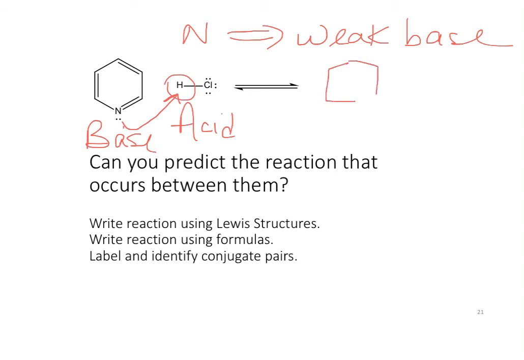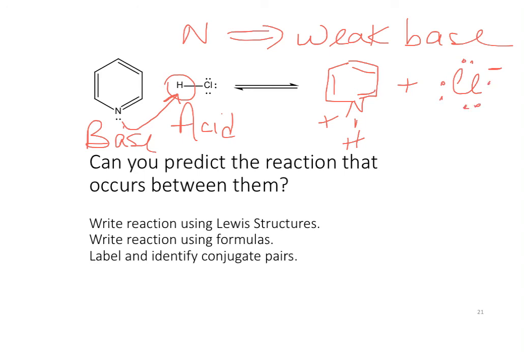So now let's draw that same compound, but let's draw with the hydrogen ion that it just attacked. Keep everything else the same, but remember, when you gain a hydrogen ion, you get a positive charge. All right, the acid is going to give up the hydrogen ion, so what's left? Okay, chloride.